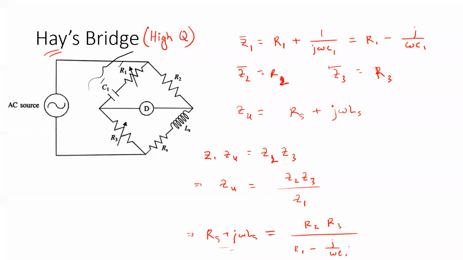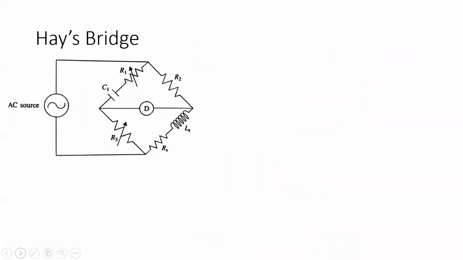To simplify the right hand side, we can multiply both the numerator and the denominator with the complex conjugate of what we have in the denominator. So let me do it on the next page.